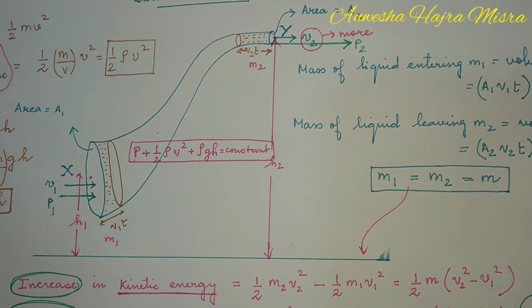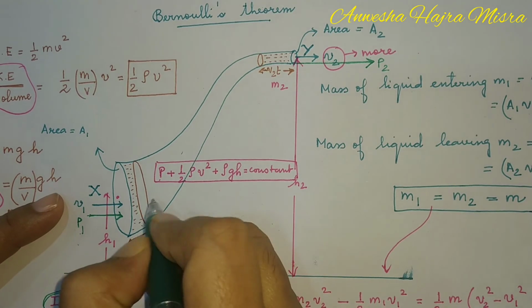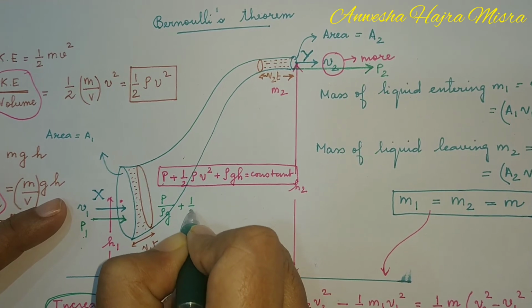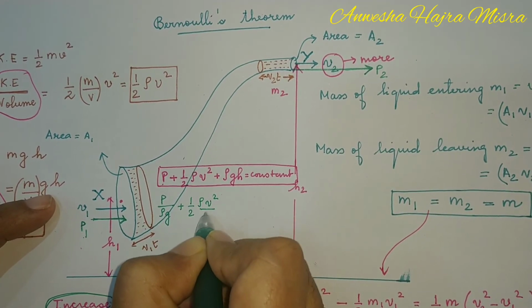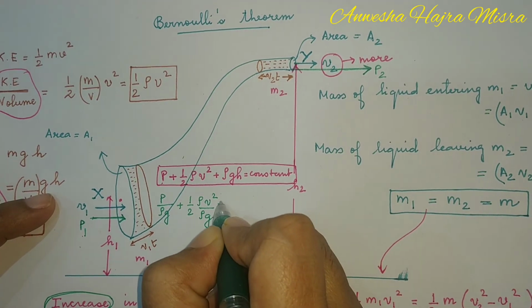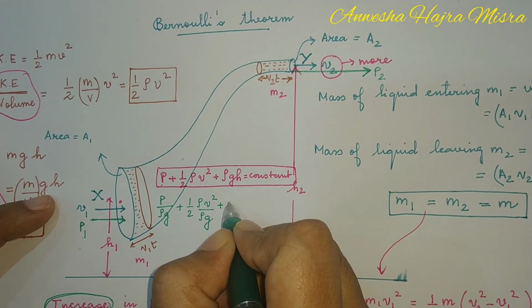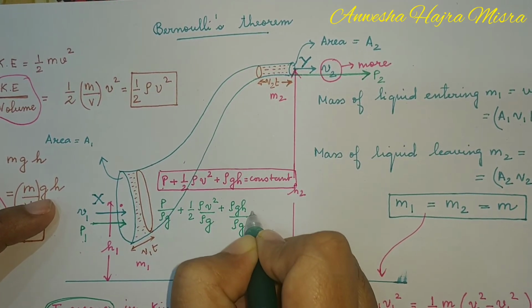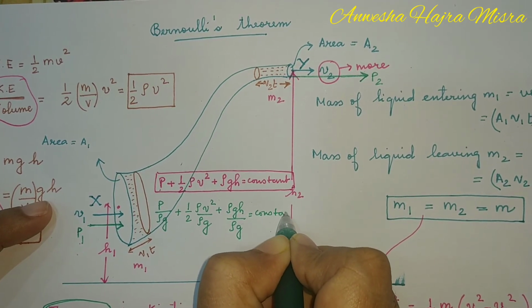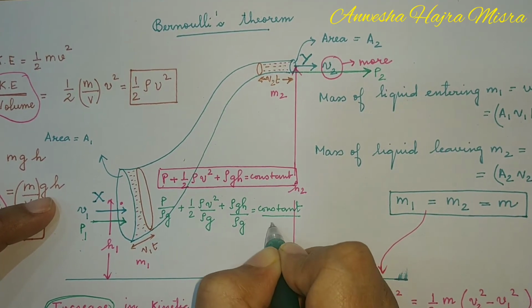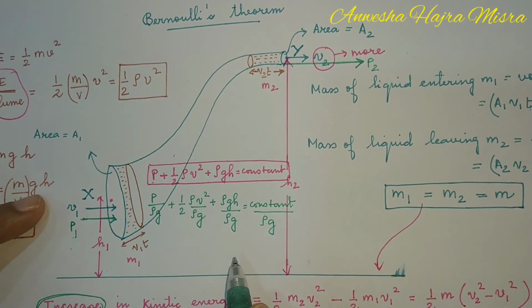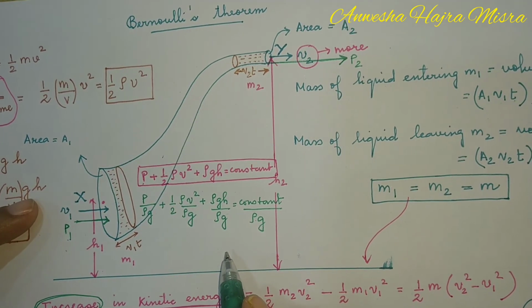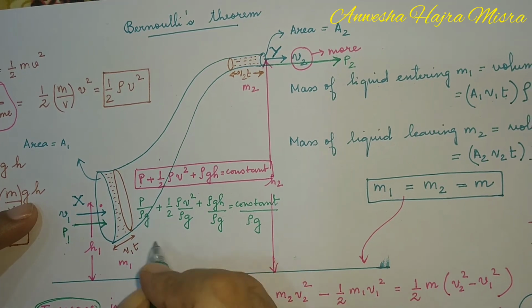Now, if you divide both the sides by rho g, what do you have?